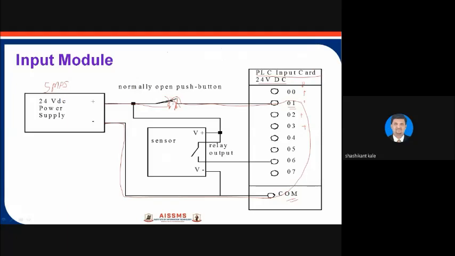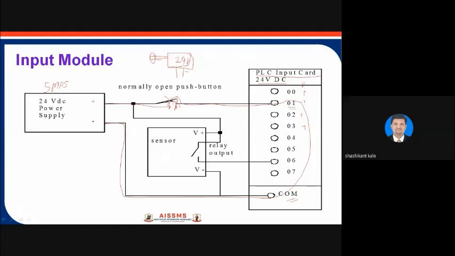If I have a sensor available with me, and that sensor is capable of generating 24 volt, say for example, this is a sensor, and this is the sensing element of the sensor. If this sensor is in the on state, it is giving 24 volt to us by 2 wires. And if it is in the off state, then the sensor is giving 0 volt to us.